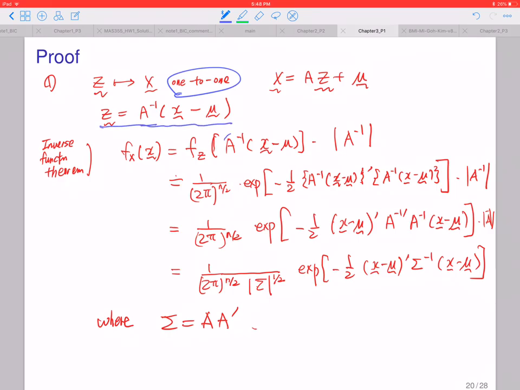So we can simply apply the inverse function theorem using the density of Z, and this is the result. So this is Z prime Z, right? Inside the exponential function, this is minus 1/2 times Z prime Z. So this is the density function, and then this is the Jacobian.